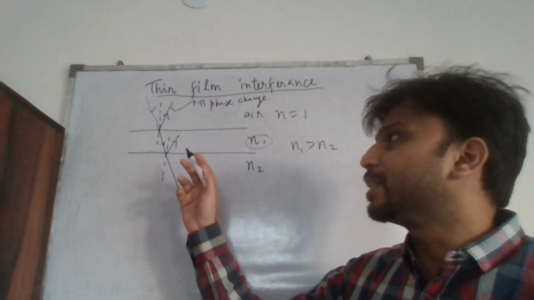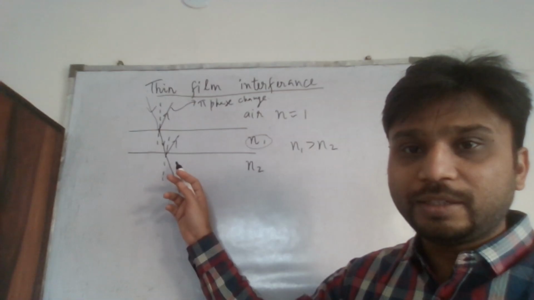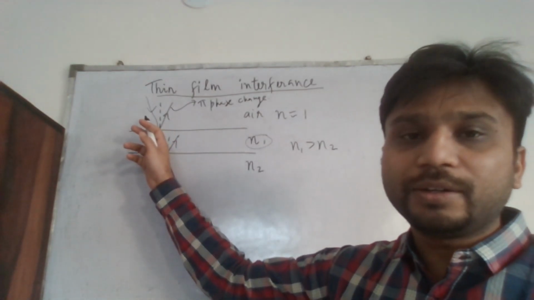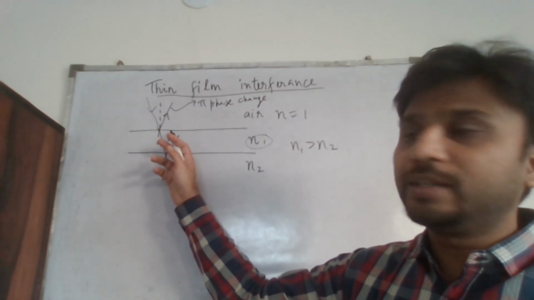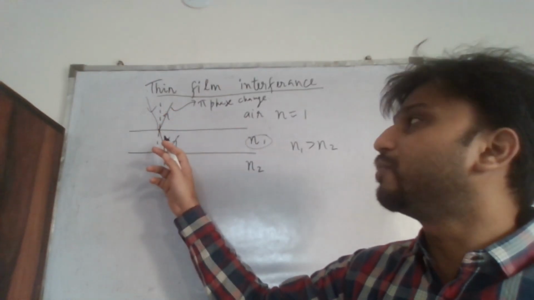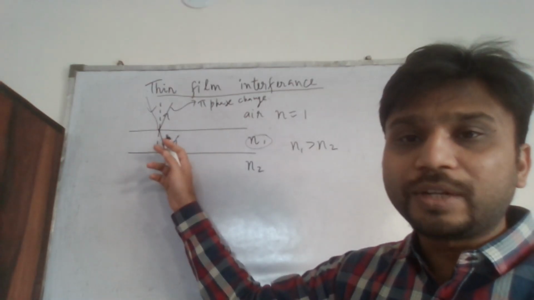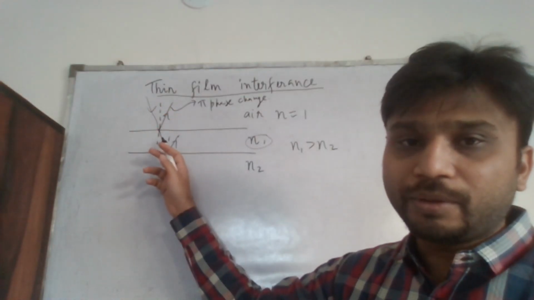So why is that? Why does this ray undergo phase change and this ray does not? It's because we are entering from a rarer medium to a denser medium, so the reflected ray has some phase change. It gets reflected back by the creation of electric field and magnetic field here, which are in opposite phase to the incoming wave.